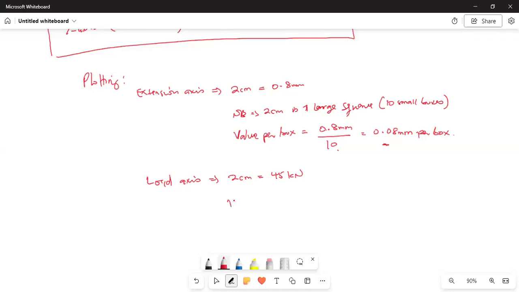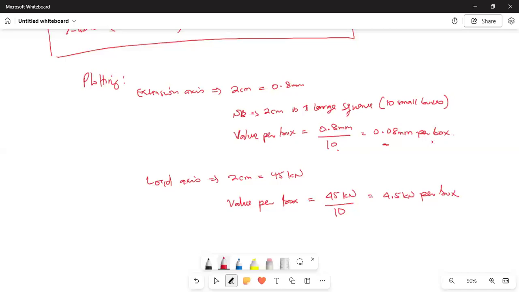So the value per box is simply 45 kilonewton divided by the number of small boxes per 2 centimeters. Everywhere is 10. So this will be 4.5 kilonewton per box.